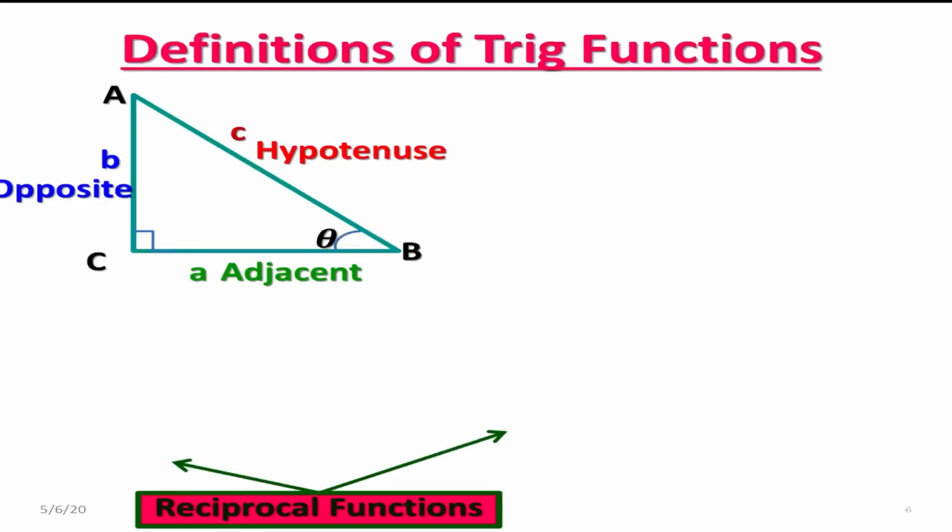Now, let's dive into definitions of trig functions. Say we are given a right triangle, and angle theta is labeled. Also, the small letters a, b, and c are used to represent the sides of the triangle. Also, we are given, obviously, a right angle, which is C, denoted by a little corner.